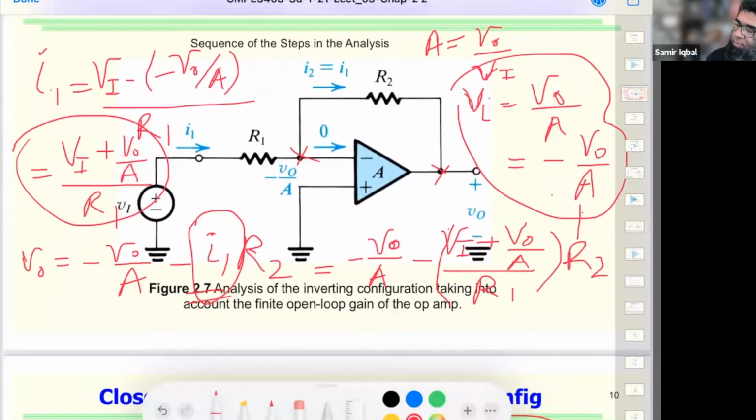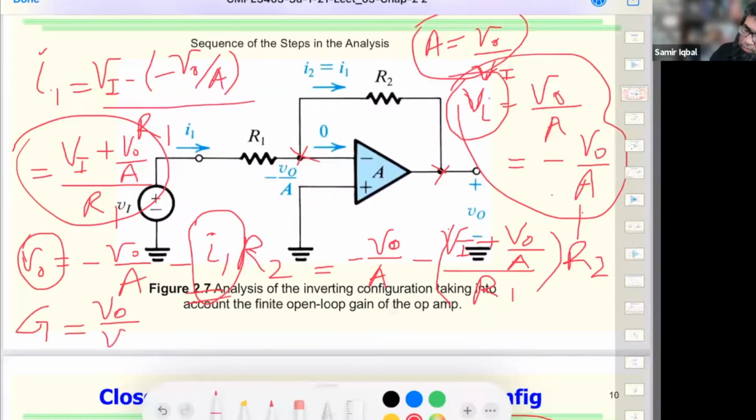we have the input voltage and the output voltage, and we started with open loop gain, but now we want the closed loop gain from that, which is V naught over VI.